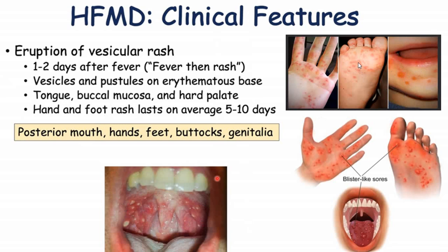This is the sole part, this is the palm region. And you will see it in the oral cavity. It may be seen on the posterior area of the mouth, hand, feet, sometimes also in the buttocks and genitalia.